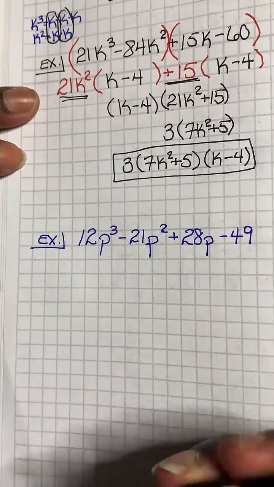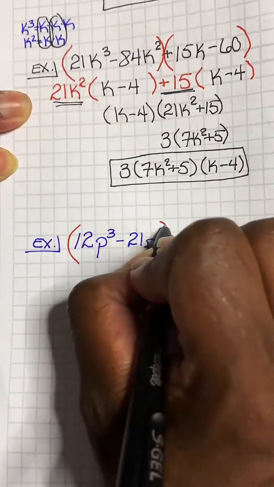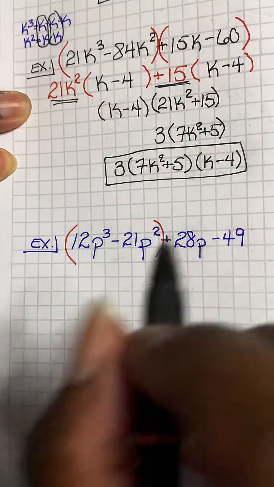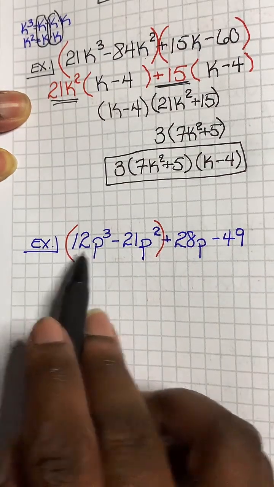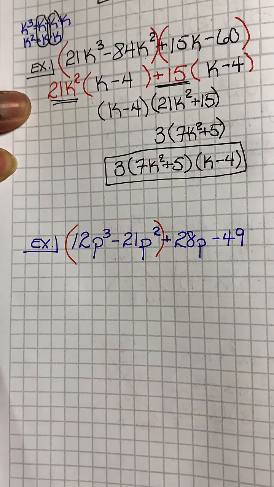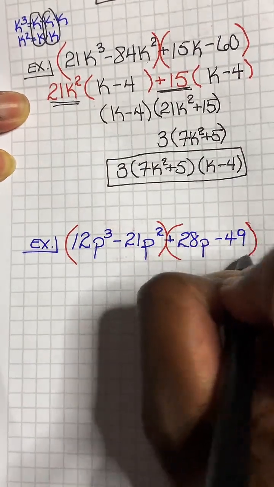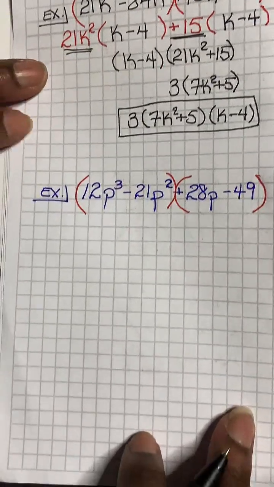Okay. All right, so let's go. Here we go. First two, because we don't have, so we have 12, we have 21, 28, and 49. So we don't really have anything in common. Grouping the first two and grouping the last two.